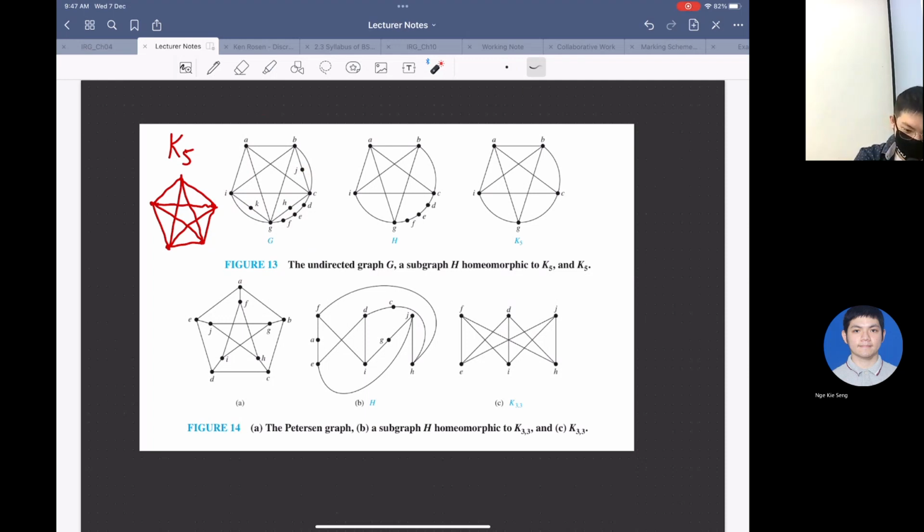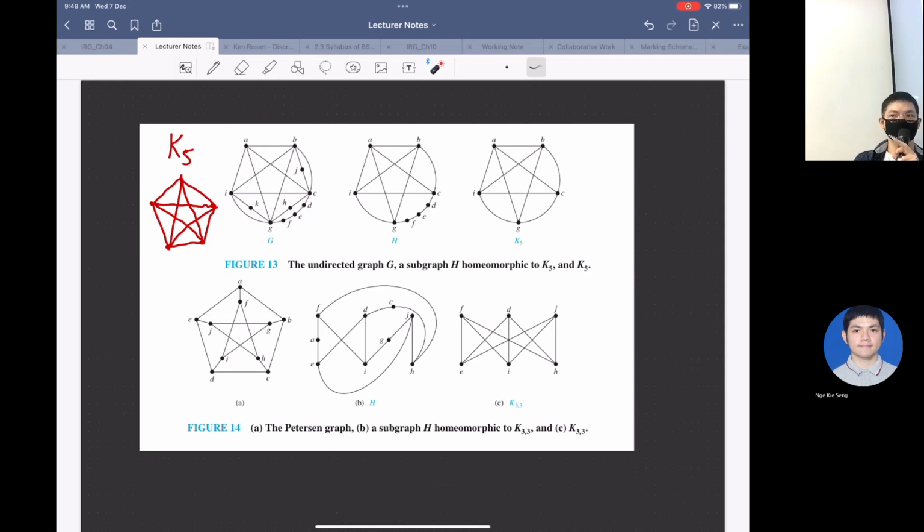That means you can add extra dots here, no matter how many dots you add, as long as you have this subgraph homeomorphic to K5, this graph is not planar. So you can see that you can reduce to a simpler graph which is already K5. Can you see that?